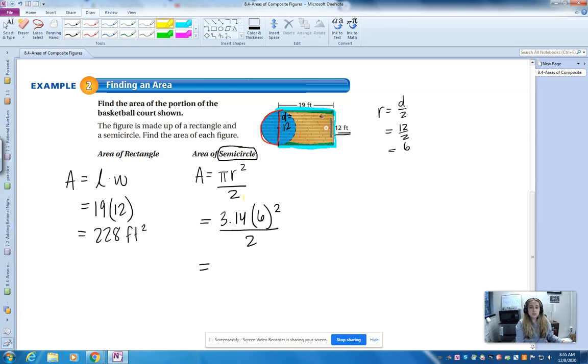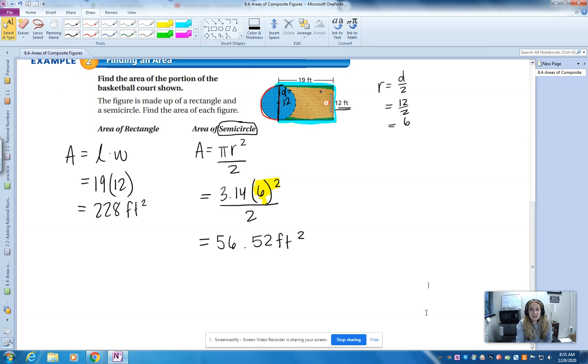First you want to do 6 squared, which gives you 36. Multiply that with 3.14, and that gives me 113.04. Then I divide it by 2, and that gives me 56.52 feet squared. That is the area of the semicircle.